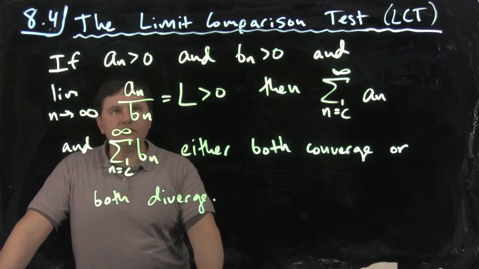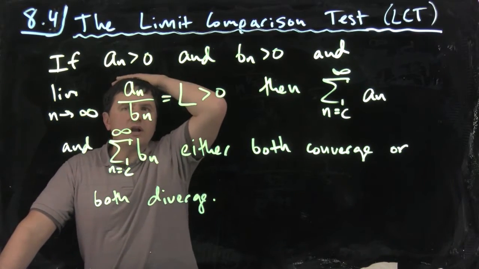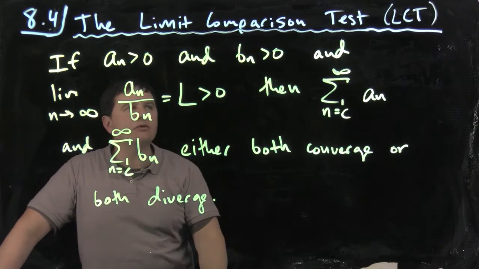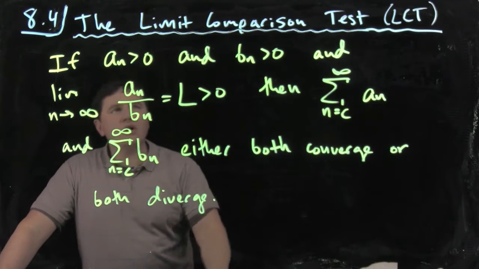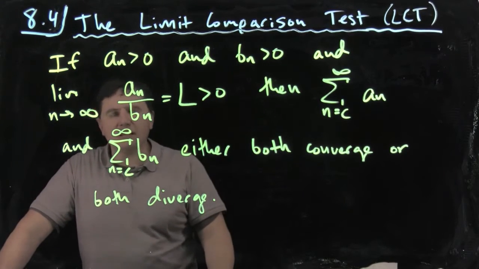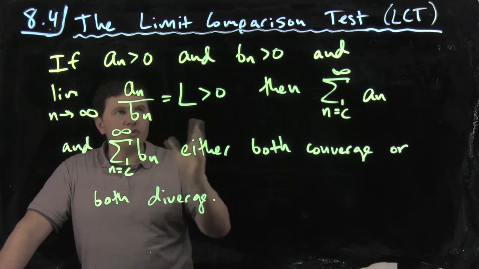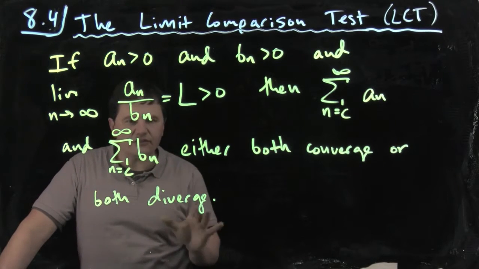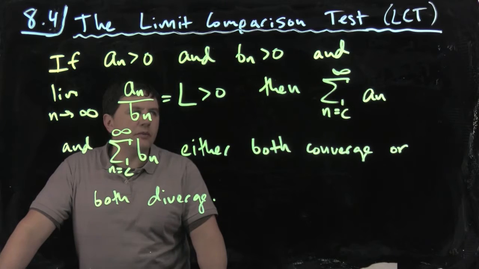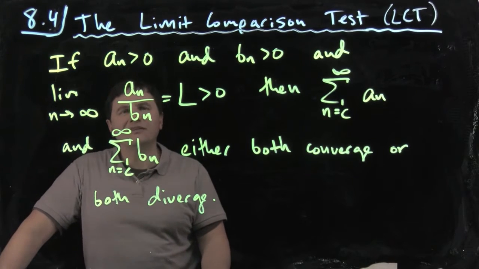Okay, limit comparison test. So we have two sequences we want to compare. Both are non-zero, or excuse me, greater than 0. They're positive. I want to, once again, just reiterate what I said in the last section. Same was true with the integral test. We will learn ways of dealing with things if the sequence has negative qualities. Unfortunately, that's going to have to wait until the second semester.